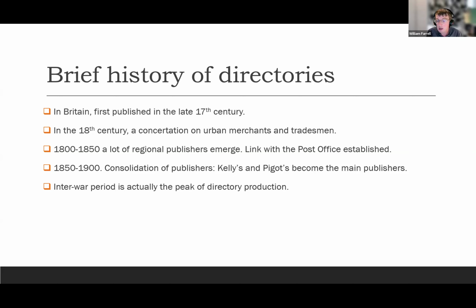So some people may know, particularly if you mainly research family or local history in London, may particularly know them simply as the post office directories. And it's in the 19th century that this link in Britain with the post office emerged. Some of these smaller regional publishers did not survive this early period.